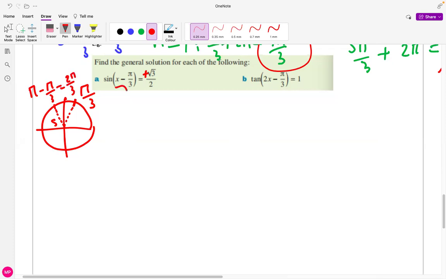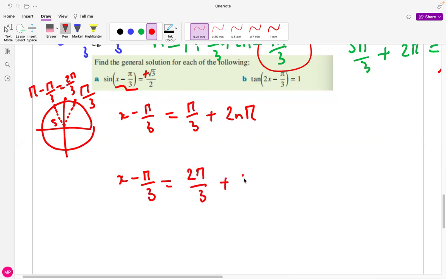So you write x minus pi/3 equal to the angle here, which is pi/3, and you just need to add 2n pi at the end, or x minus pi/3 equal to the other one, which is 2 pi/3 plus 2n pi, and n is an element of Z. Now you solve for x: you move pi/3 to the other side, so you get x equals 2 pi/3 plus 2n pi.